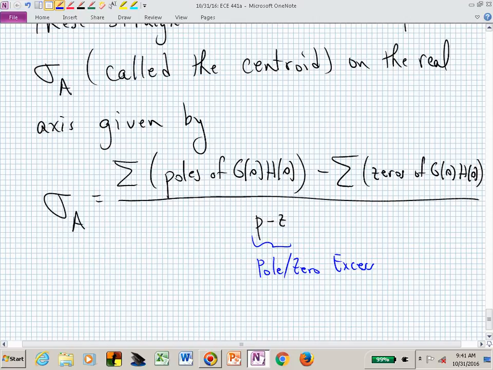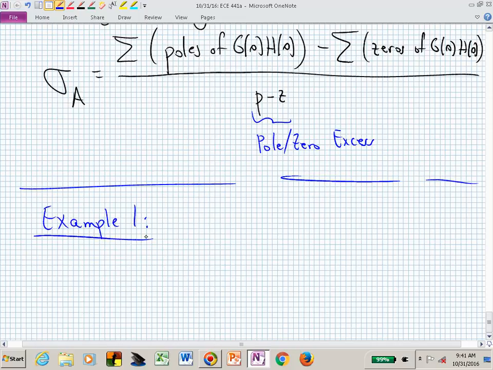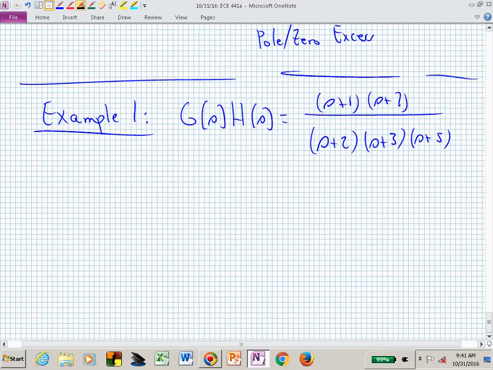Let's look at some examples of that. In example 1, let's say G of S, H of S was this, S plus 1. Now I'm multiplying G and H together. And we have that already sketched. Let me just re-sketch it.